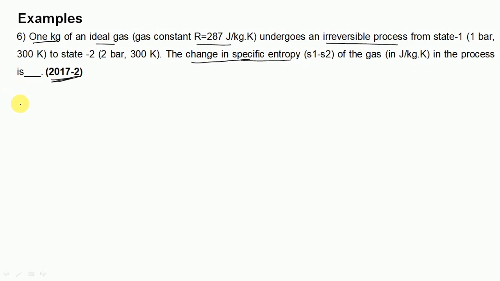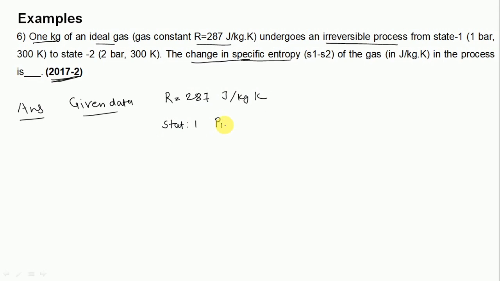So let's start with the solution of this. First of all, I write the given data over here. In given data, the R value is 287 Joule per kg Kelvin. For state 1, pressure P1 is given 1 bar and temperature T1 is given 300 Kelvin.